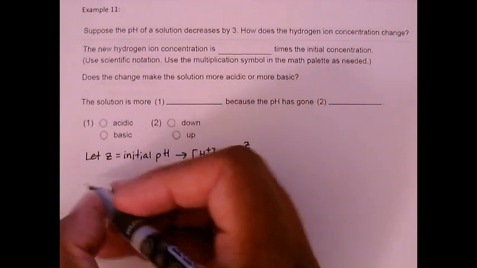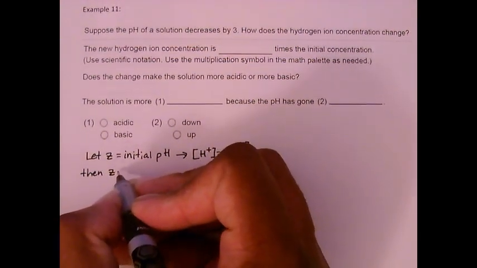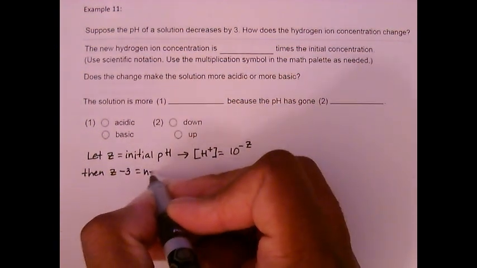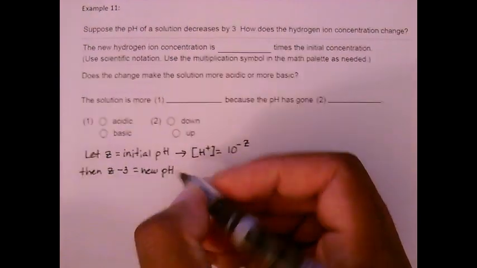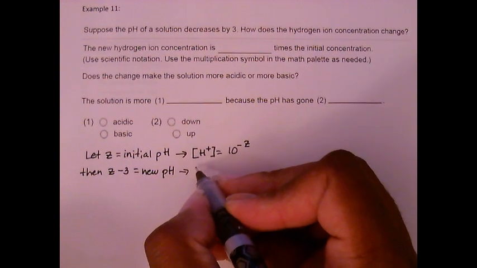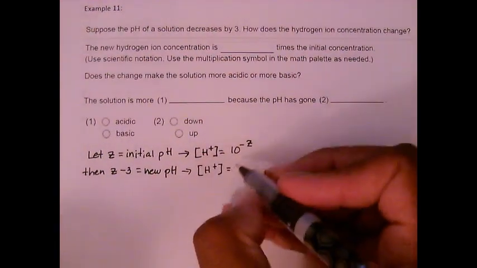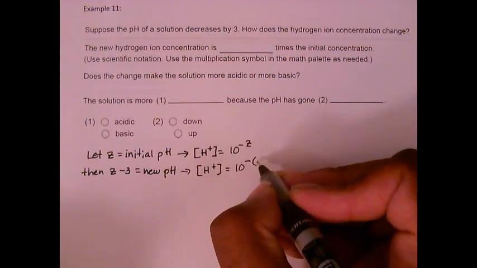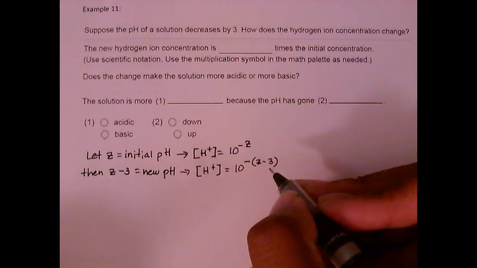Now if it's decreasing by 3, then Z minus 3 will be equal to the new pH. And that means the hydrogen ion concentration will be 10 to the negative, in parentheses, Z minus 3.